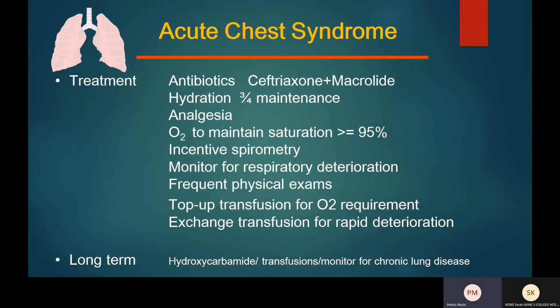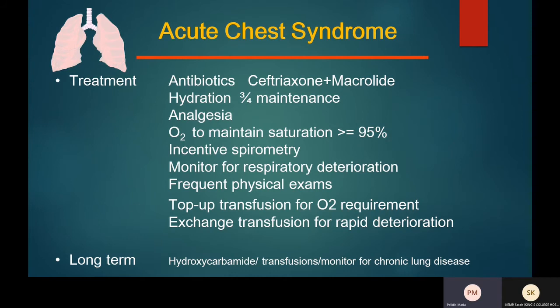They should also receive adequate analgesia, enough oxygen to maintain saturations greater than 95%, and incentive spirometry to prevent atelectasis. They should also be monitored frequently for respiratory deterioration and have frequent physical exams.